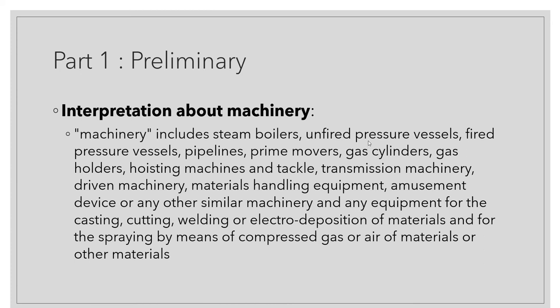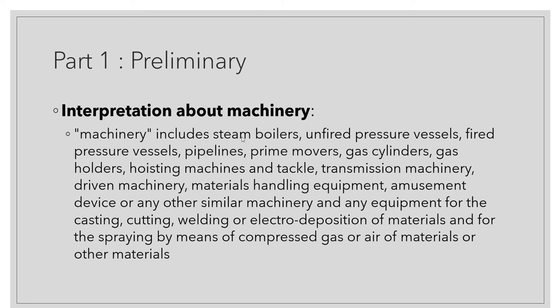Okay, semua benda-benda ni kalau kita lihat contoh unfired pressure vessel ni, ini yang related to the air compressor, okay, yang tank yang menggunakan pressure untuk hold the air ataupun hold the liquid, for example. But for the fire pressure vessel ni bermaksud tank yang menyimpan dalam keadaan pressure liquid yang mudah terbakar lah.